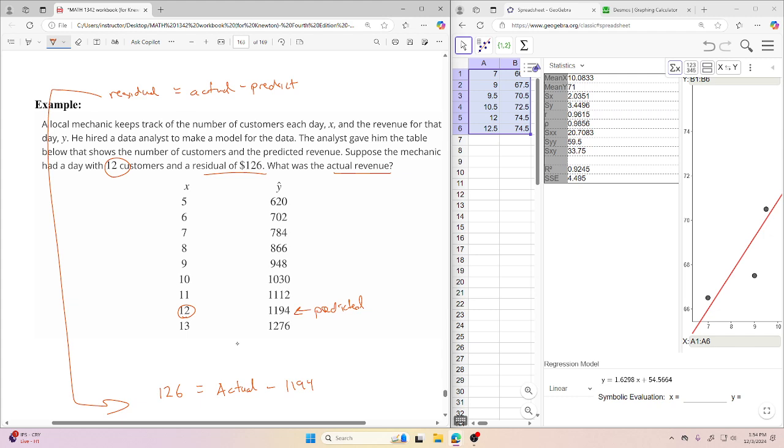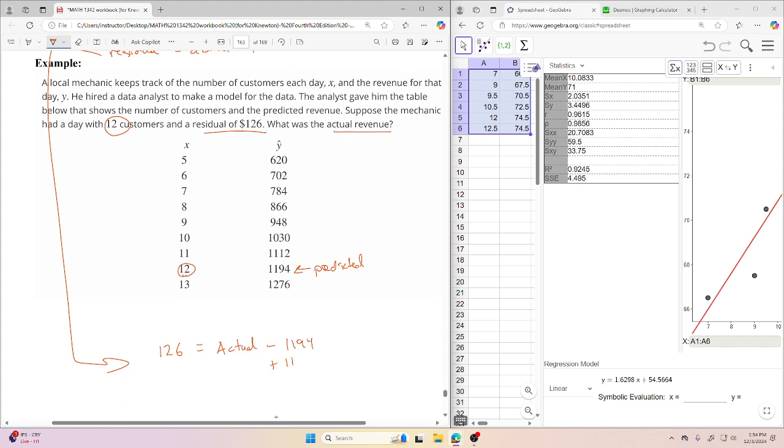Okay, so I now need to find what my actual is because that's what they're wanting, right? So how would I solve for actual? Yes, exactly. We have to do just a tiny bit of algebra, add this to both sides, and then we get our number.